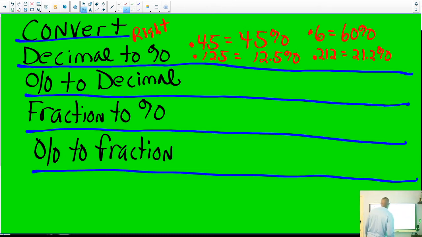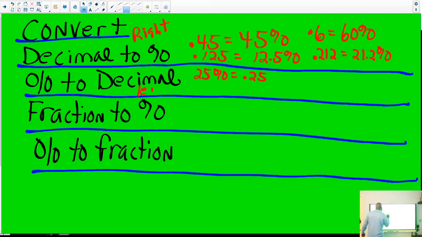Percent to a decimal. Let's say you've got 25%. Move your decimal to the left.